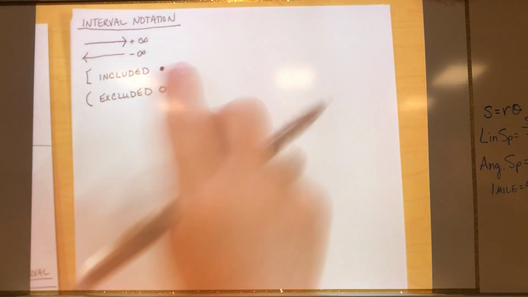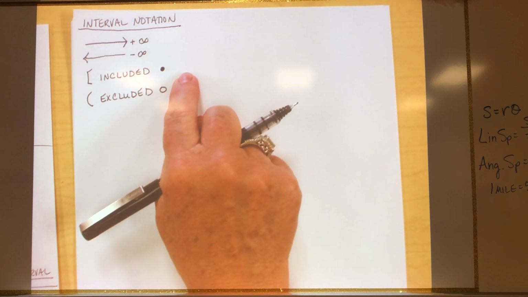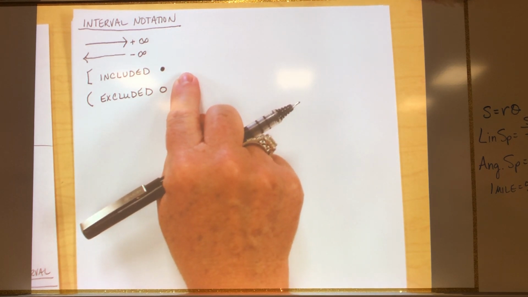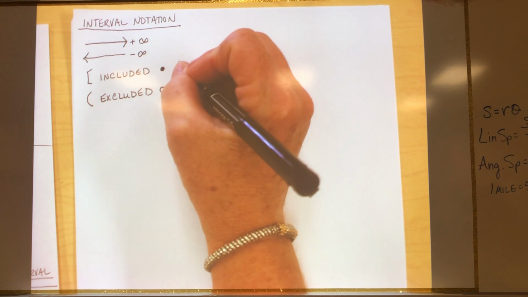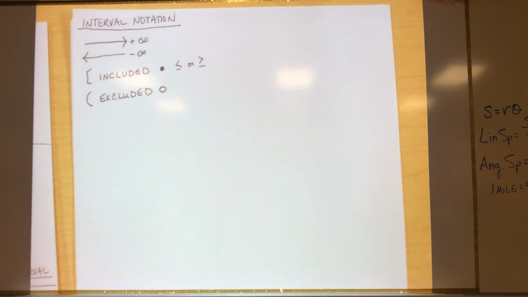Okay? What about greater than or less than signs? What's this one up here gonna look like? Yeah, this one's gonna be either less than or equal to or greater than or equal to. All right, what's the one underneath it gonna be? Yeah, it's not gonna have the line under it, okay?